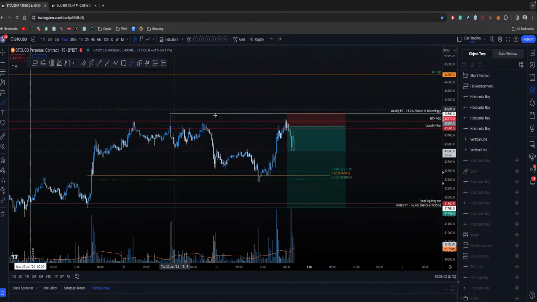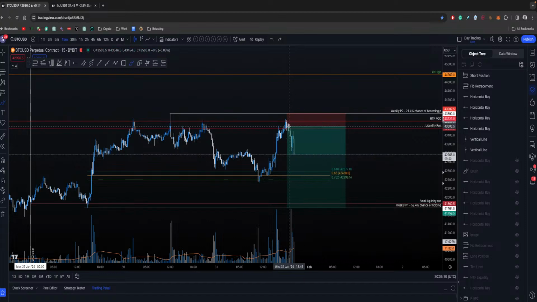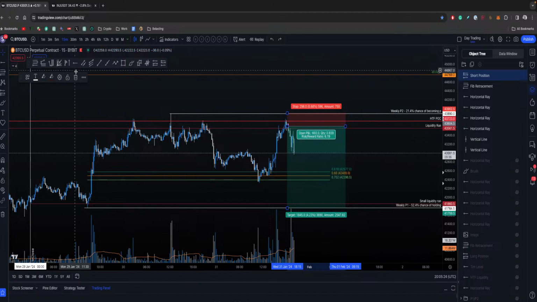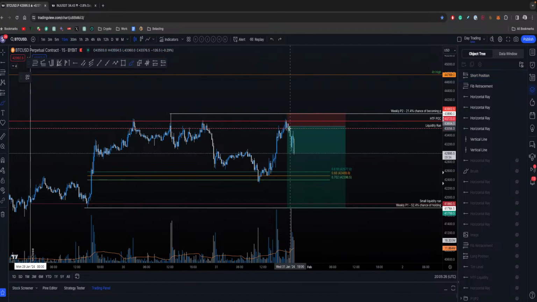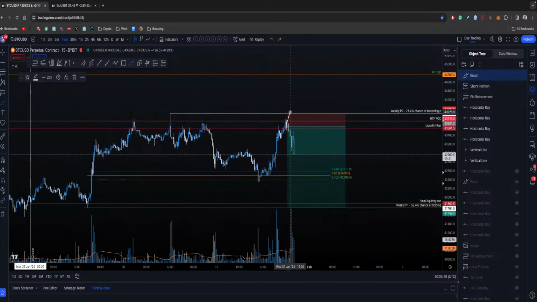Because what's my trade idea? My trade idea is, well, Tuesday is happening a lot more often lately as the weekly P1. So if this is the weekly P1, then I can enter here and have my stop loss right above there. Because today is Wednesday. If we would have taken this just a little bit, what does that mean?